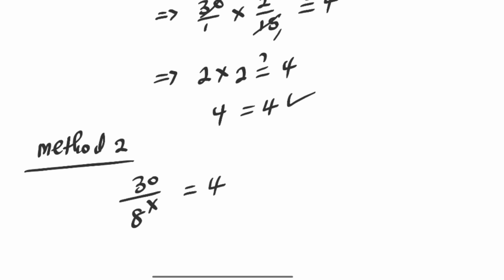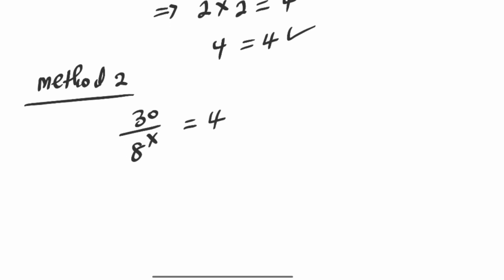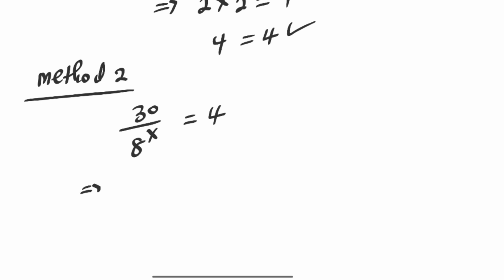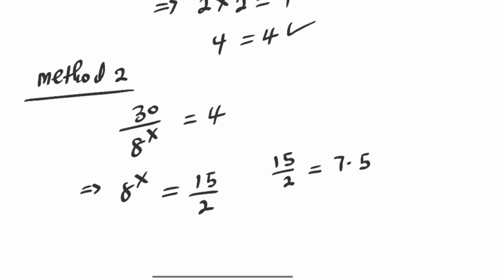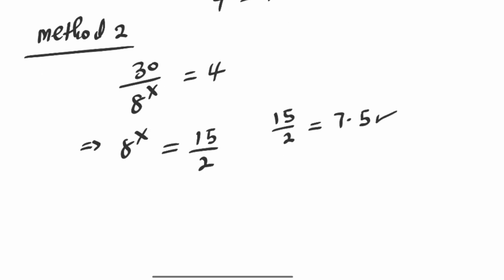Here we want to use the method of natural logarithm. Then this is the same thing as 8 raised to power s is equal to 15 over 2. Remember, 15 over 2 is equal to 7.5. Let us take the natural log on both sides of this equation.